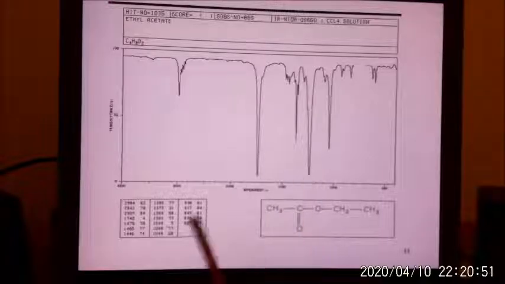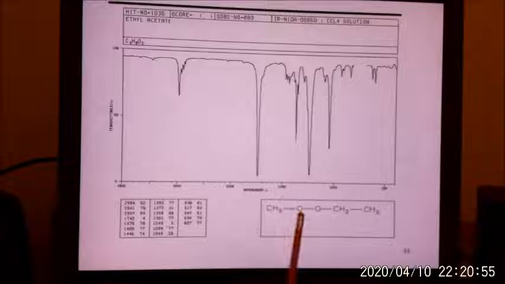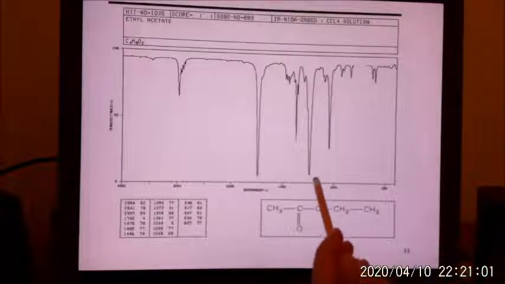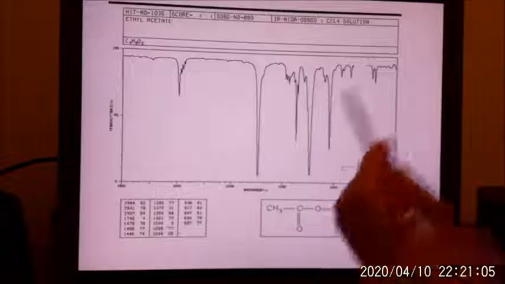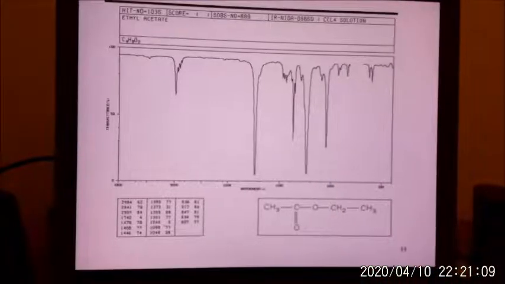Probably this is a carbon oxygen. Probably it's going to be my sp2 carbon oxygen, because we know that's around the 1200 mark, where carbon oxygen is if it's sp2 carbon. And then here is most likely your sp3 carbon to oxygen, because that's between 1,000 and 1,100.